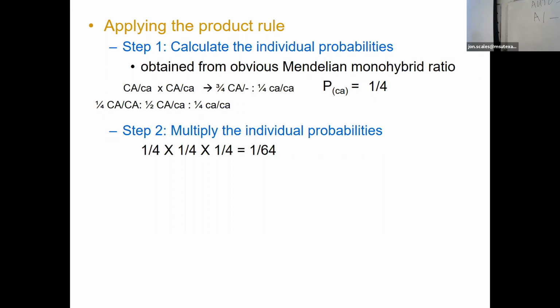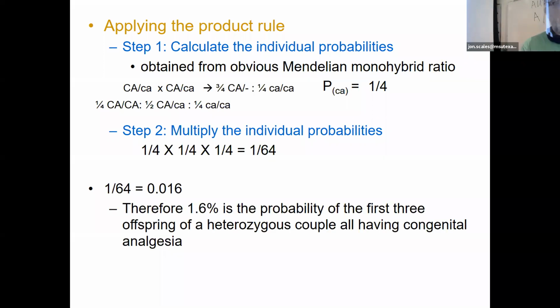Another way is the first and the last. And a third way is the last 2. So there's 3 ways for 2 kids to get it. So the probability is actually not 1/16. It's 3 times 1/16, which would be 3 something. Anyway, so we can leave it as 1/64th.